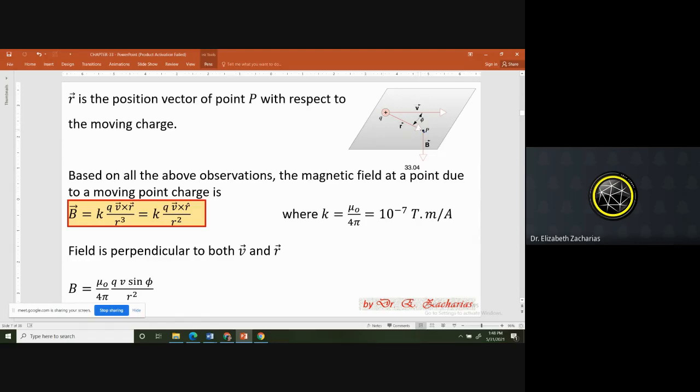This is the R vector for that point, for that snapshot moment. This is my V vector. So this is my phi. Now, if I see what is my magnetic field, use the right-hand rule. Okay, you're seeing that the magnetic field is going to form a circle around this line.